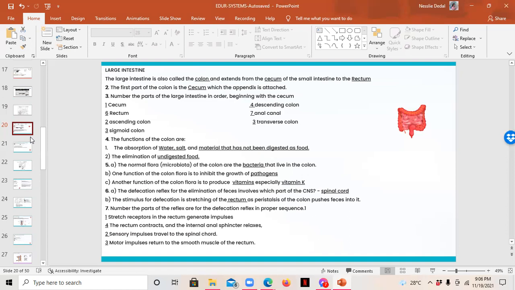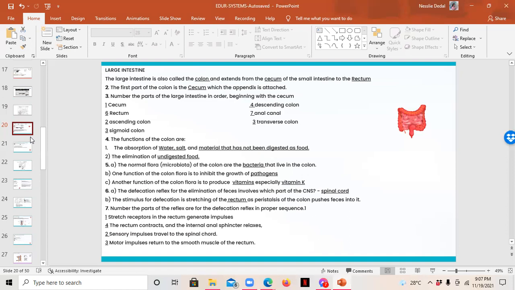Number 4, the functions of the colon are the absorption of water, salt, and material that has not been digested as food. Number 2, the elimination of undigested food.